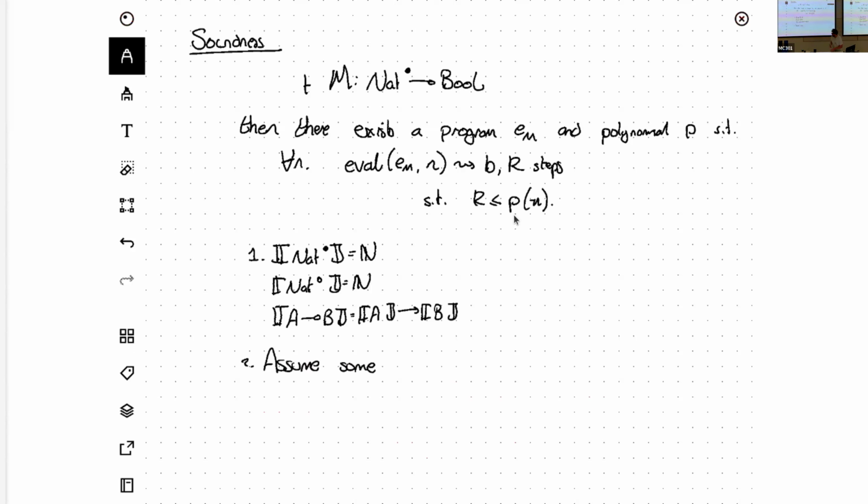I don't want to go into the full details of this because it's just writing out lots and lots of rules, but let's just assume that there is some set of programs, curly E, expressions, and values V, and that we have some kind of evaluation relation. For now, we'll leave it uncosted, so it's just going to be to Prop.